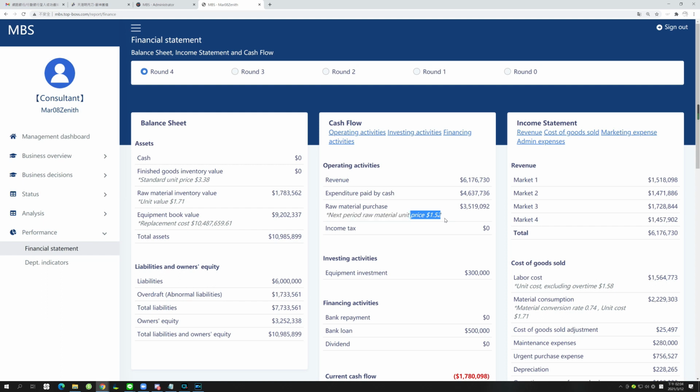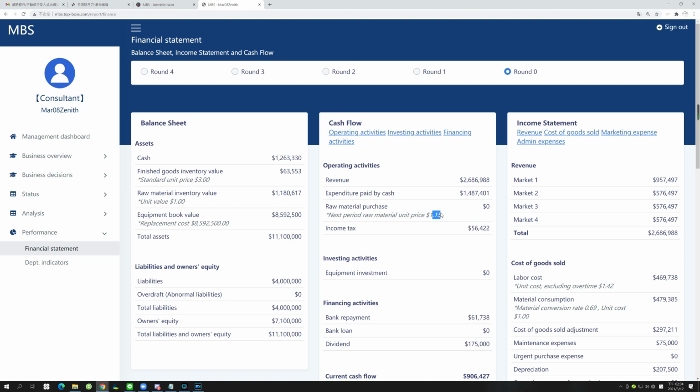In the very beginning, we look at the material unit price, and that is $1.15. That means the cost of each item is $1.15. Because we are looking at round 0, this material unit price means the next period cost of the item.